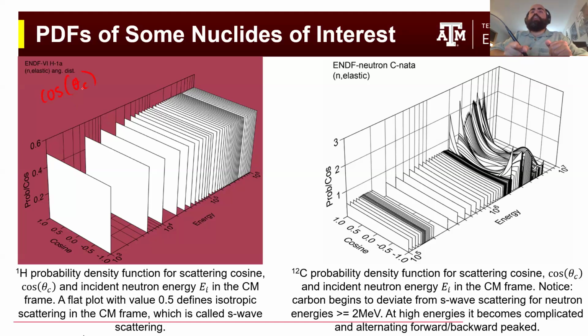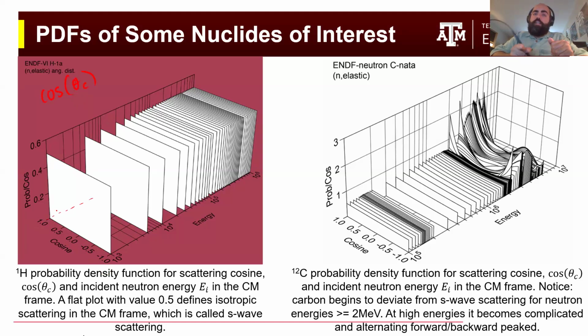So if the scattering angle is 0, then cosine is +1, which corresponds to the neutron just going through the material. If theta is pi, or 180 degrees, then the cosine of theta is -1.